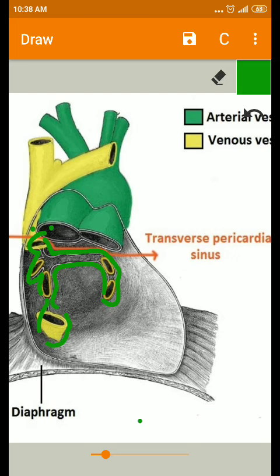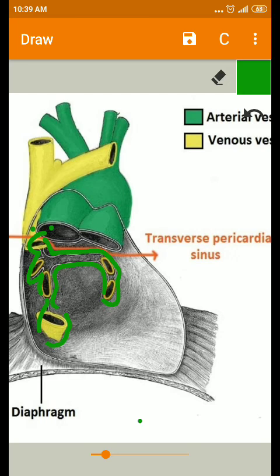Okay, so the visceral layer or epicardium at the roots of the great vessels is arranged in the form of two tubes. One is the arterial tube and the other is the venous tube.